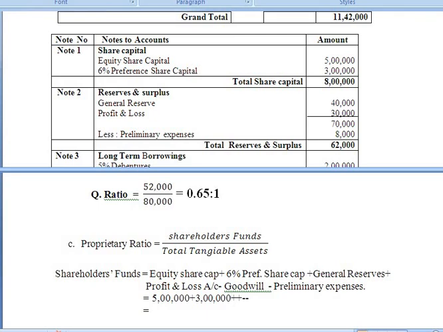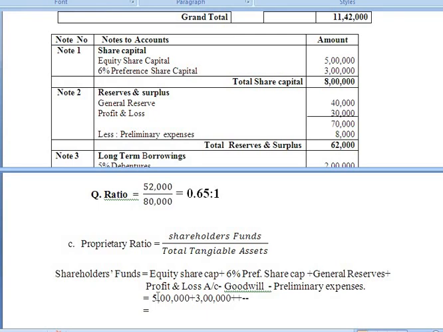Now see here, you have two options. Either directly you can take reserves and surplus as 62,000, or else you can take general reserve, then profit and loss account, and then deduct preliminary expenses and goodwill given in the problem. Okay. So we'll calculate this way. First we'll take the general reserve. Okay.